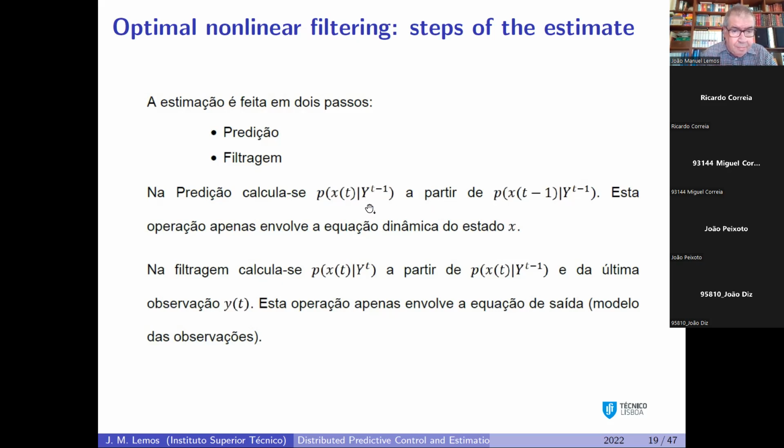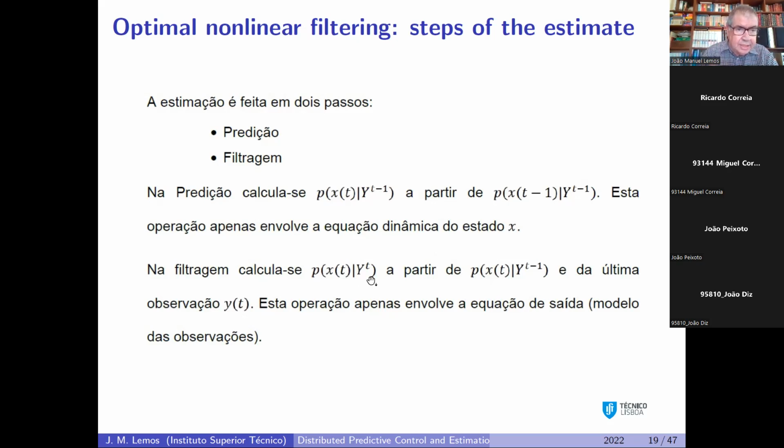And filtering is when I receive the last observation yt, and from the predicted density function, I update it to build P of xt given Yt.